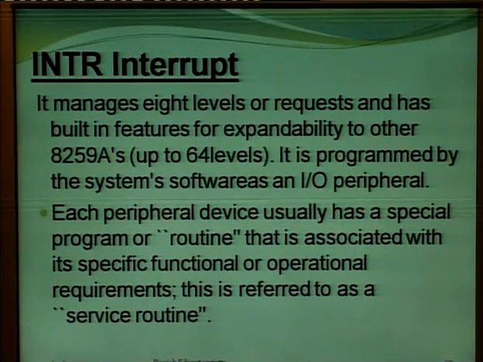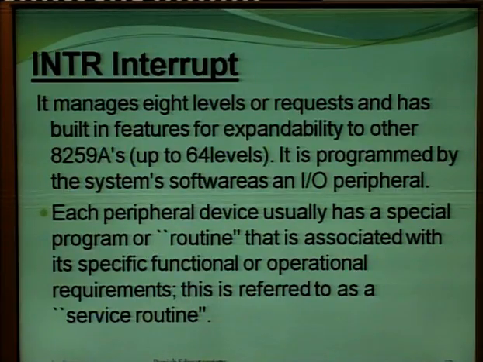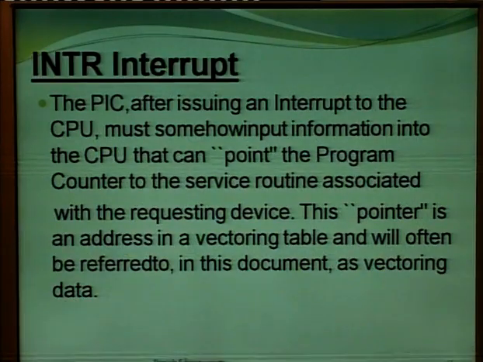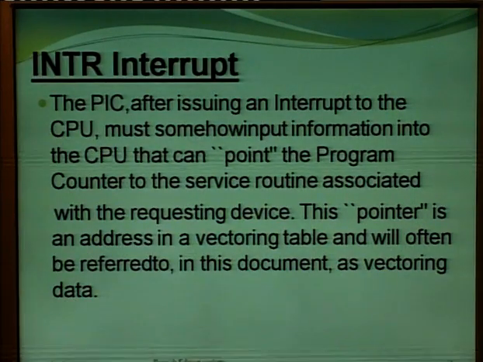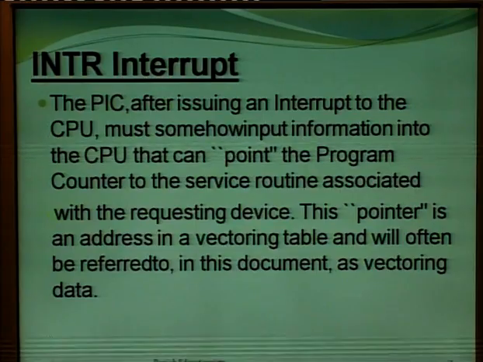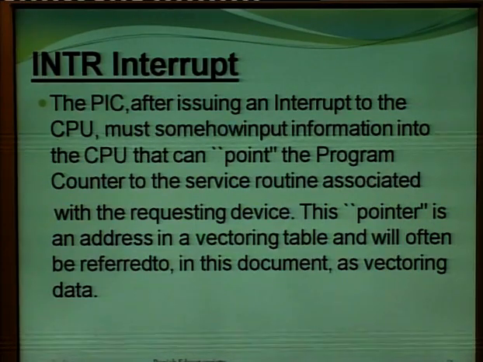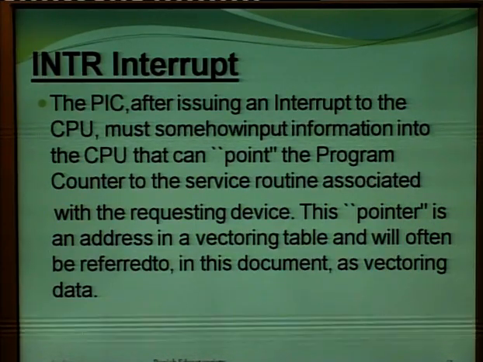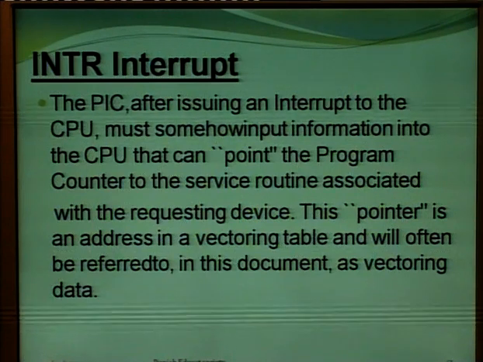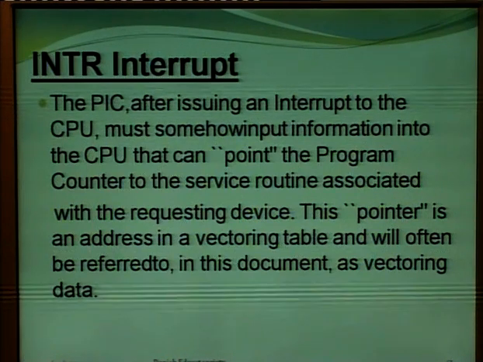Each peripheral device usually has a special program or routine associated with its specific functional or operational requirement, that is known as an ISR, interrupt service routine. The PIC, after issuing an interrupt to the CPU, must somehow input information onto the CPU that can point the program counter to that particular service routine.